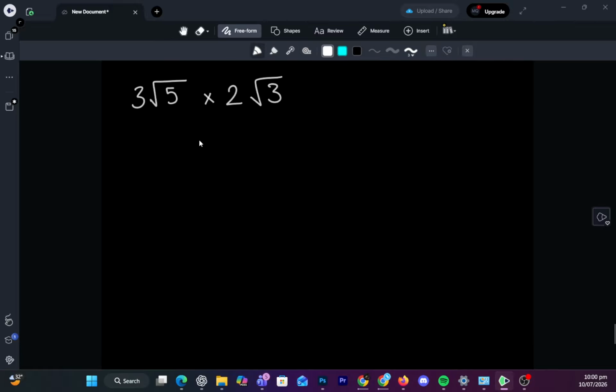Now let's try another example. Multiply the coefficients. 3 into 2. 3 into 2 is 6. Now multiply the surds.